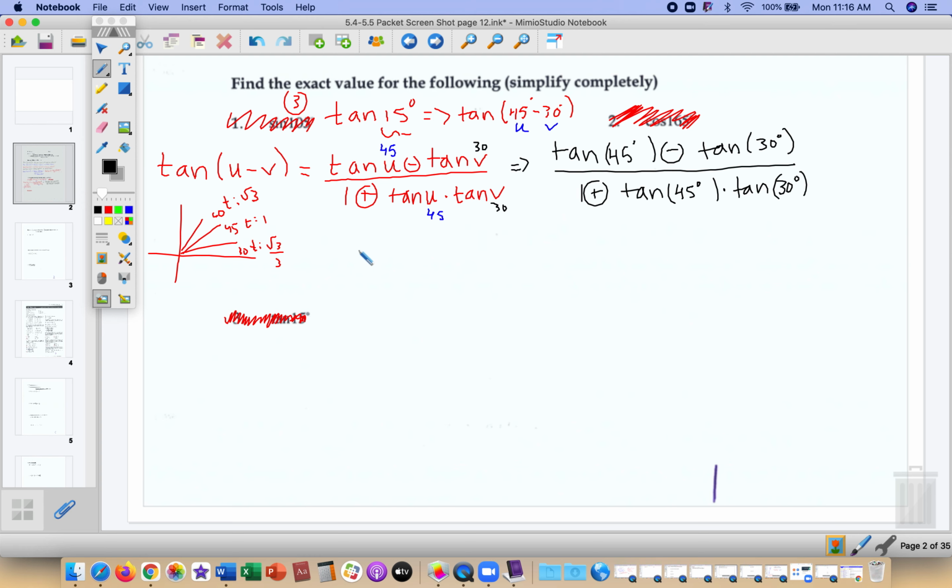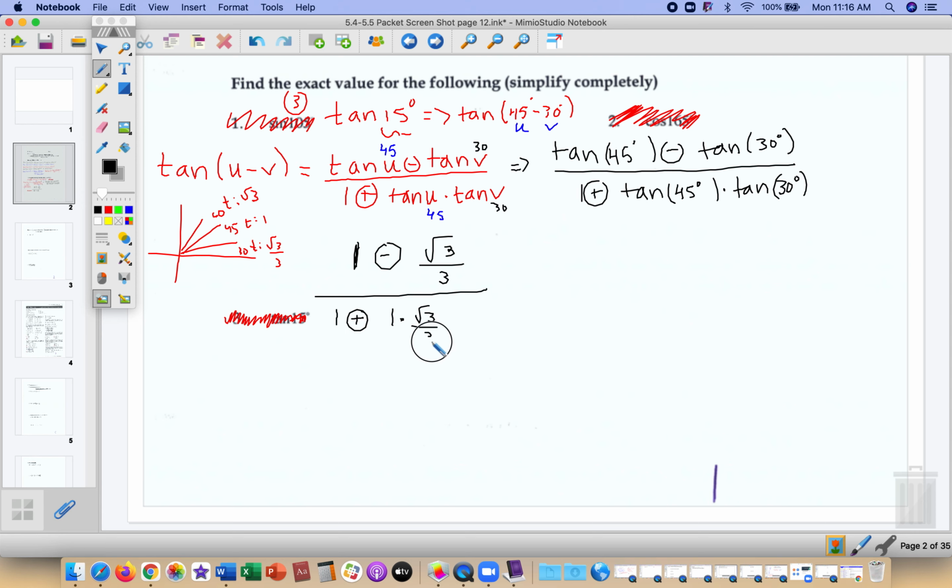I'm going to write it over here. So tan of 45 is 1 minus tan of 30, which is root 3 over 3, all over 1 plus tan of 45 again, which is 1, times tan of 30, which is root 3 over 3.